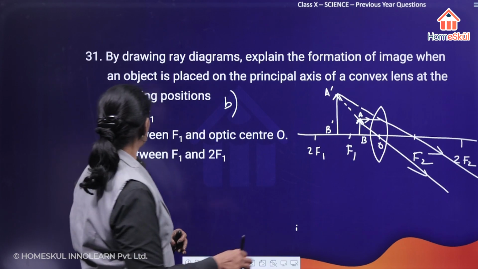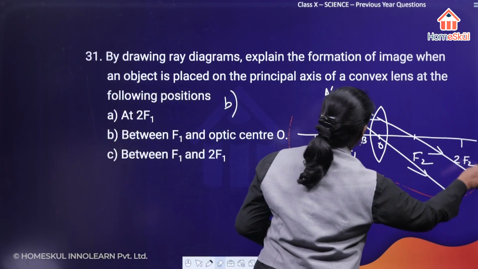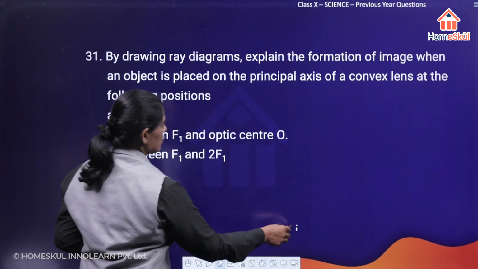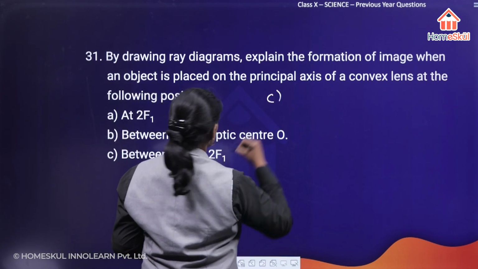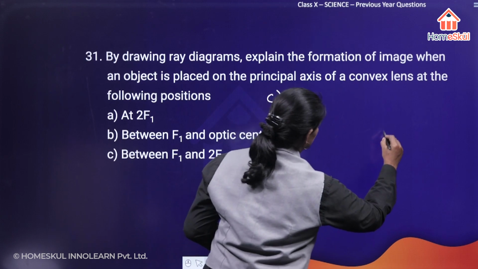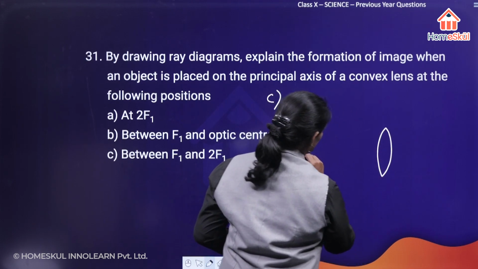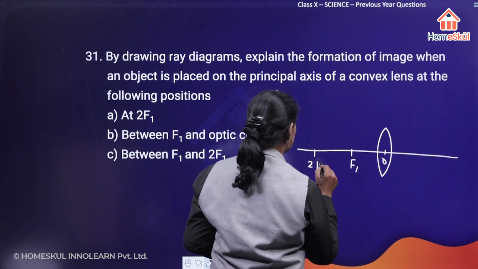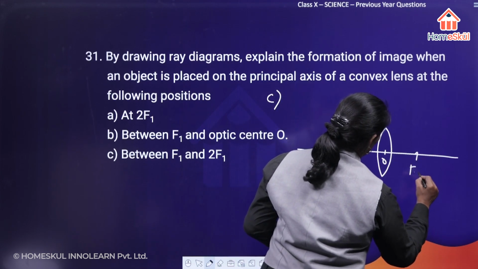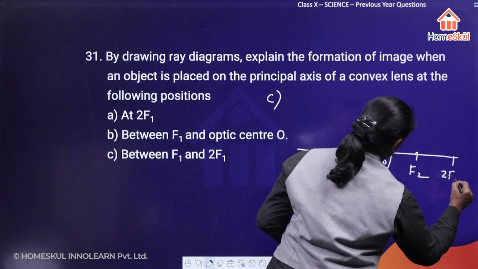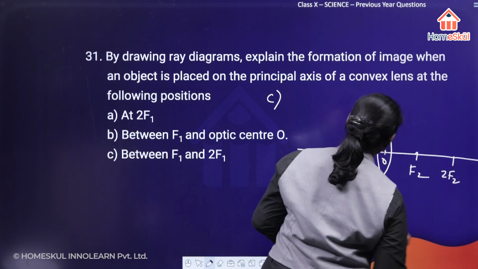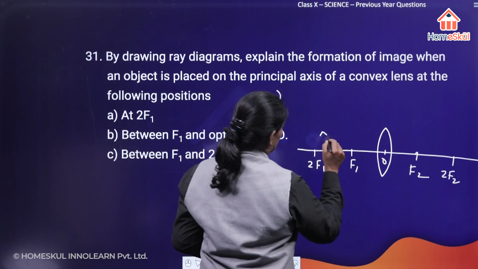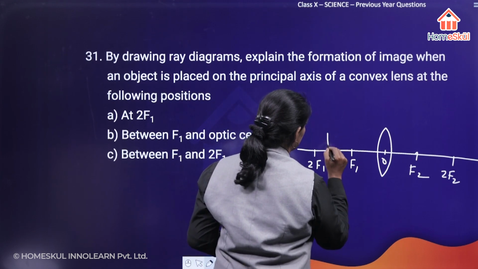Now coming to the third one, wherein we are going to keep the object between f1 and 2f1. So let's take the third case, wherein the object is kept between f1 and 2f1. So when we keep the object between f1 and 2f1, where do we get the image? Let's see. So we are keeping the object here between f1 and 2f1.